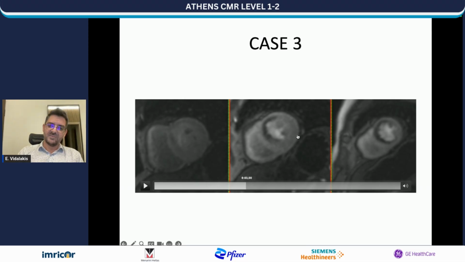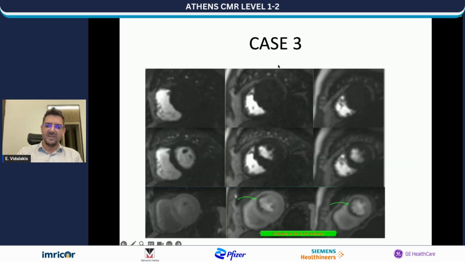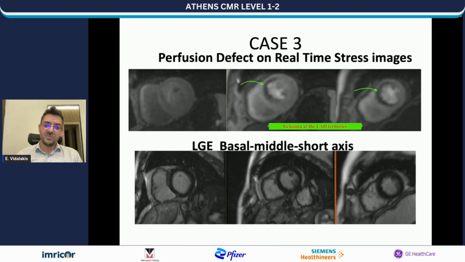So we have a perfusion defect in these particular segments. Here you can see with the green arrows the areas that don't have good perfusion. And as you see in the bottom line of the images, in the late gadolinium enhancement at the same segments that demonstrate low perfusion, there is no scar.